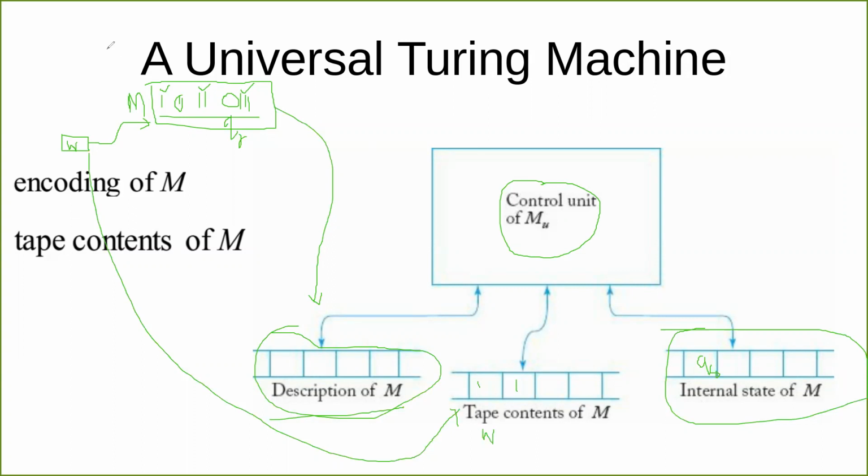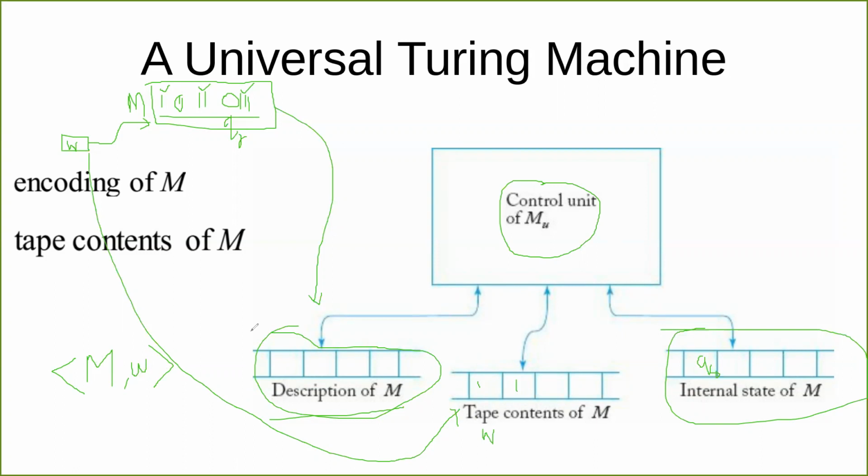So when M accepts W, that means MU accepts this Turing machine with W. For the MU machine, the input would be M, W. M is an encoding and W is a word for which we are interested in whether it would be accepted by M or not.